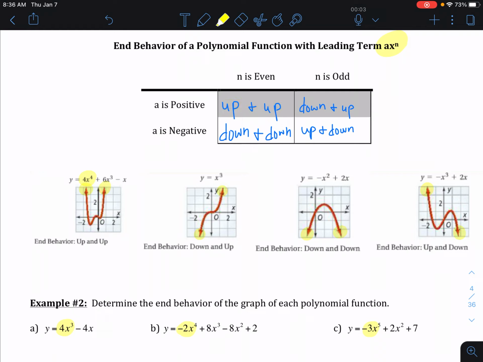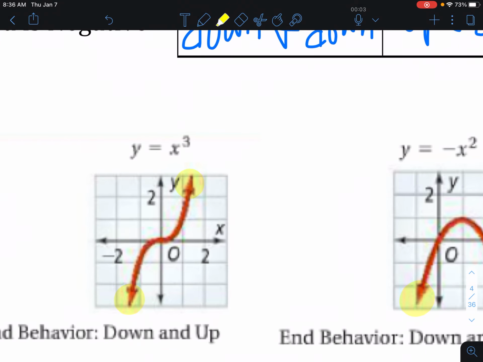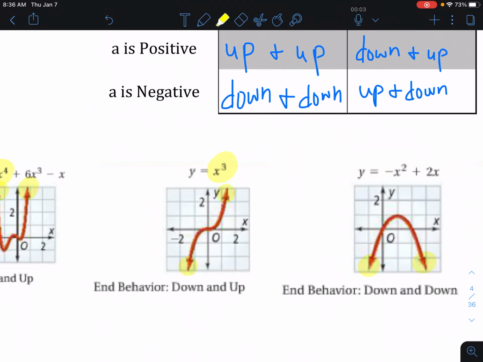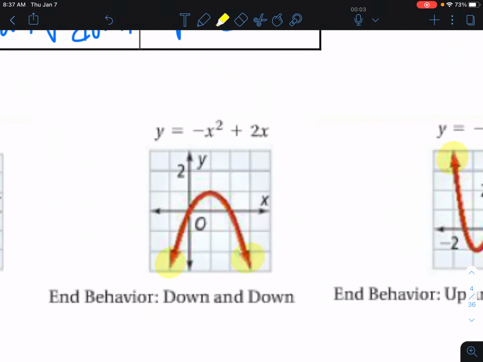So what happens when we have end behavior like this guy here? Notice that is a positive 1 for the leading coefficient, and the exponent is an odd number, 3. So that would be positive and odd. So we would write down and up, like it says below the graph. The third one, take a look here.